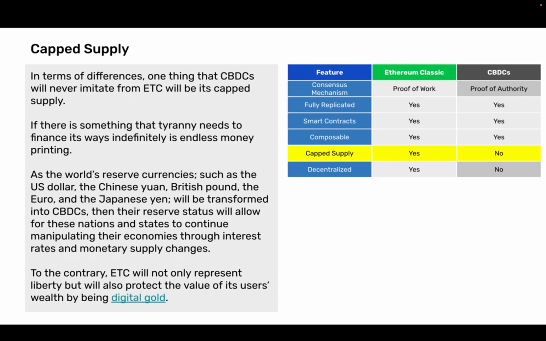Capped supply. In terms of differences, one thing that CBDCs will never imitate from ETC will be its capped supply. If there is something that tyranny needs to finance its ways indefinitely, is endless money printing. As the world's reserve currencies, such as the US dollar, the Chinese yuan, British pound, the euro, and the Japanese yen will be transformed into CBDCs, then their reserve status will allow for these nations and states to continue manipulating their economies through interest rates and monetary supply changes.